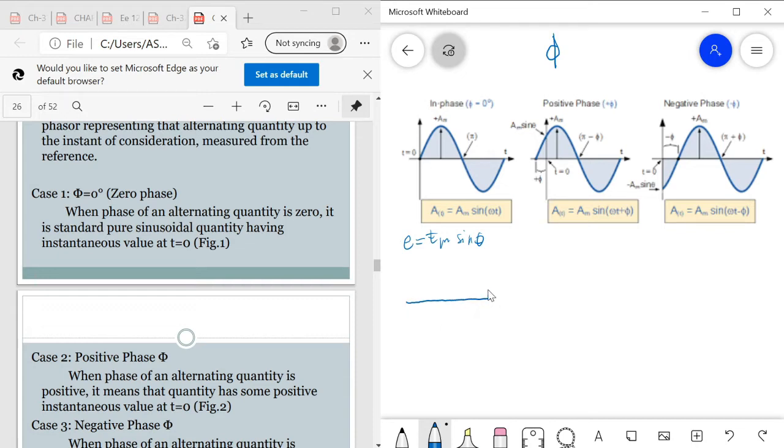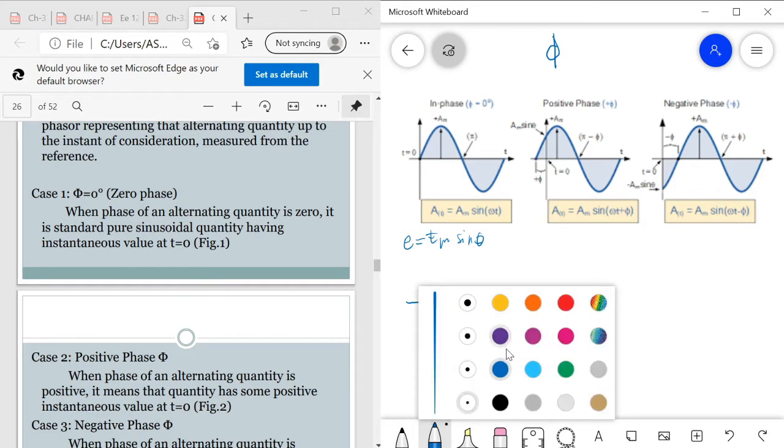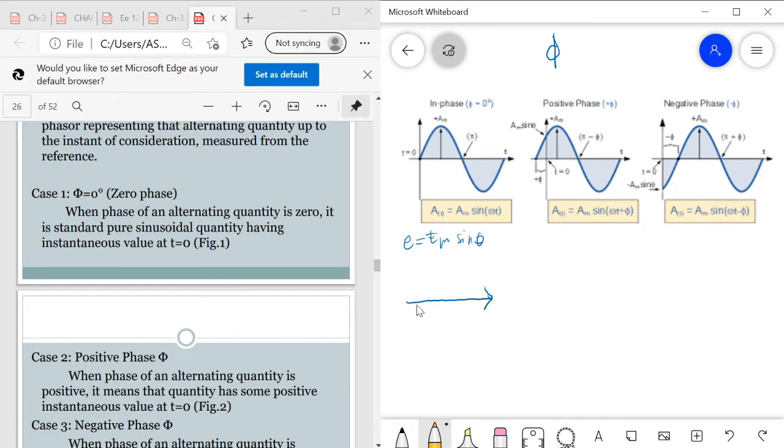So if we draw that one in vector, so this is our reference x-axis, and this wave will be drawn like this one. It is in phase with our reference. Remember the word in phase. So the x-axis, our reference is in phase with this vector. Okay? So pareho lang siya ng direction, in phase.